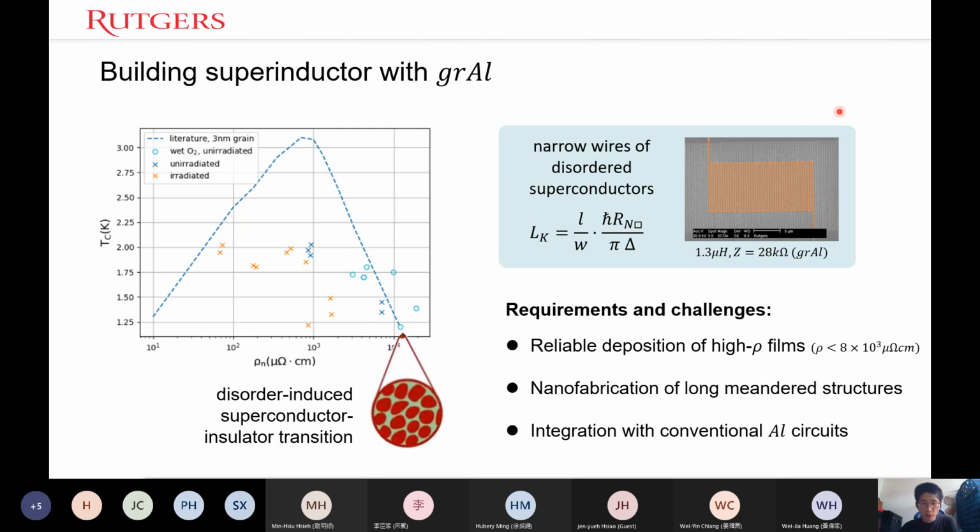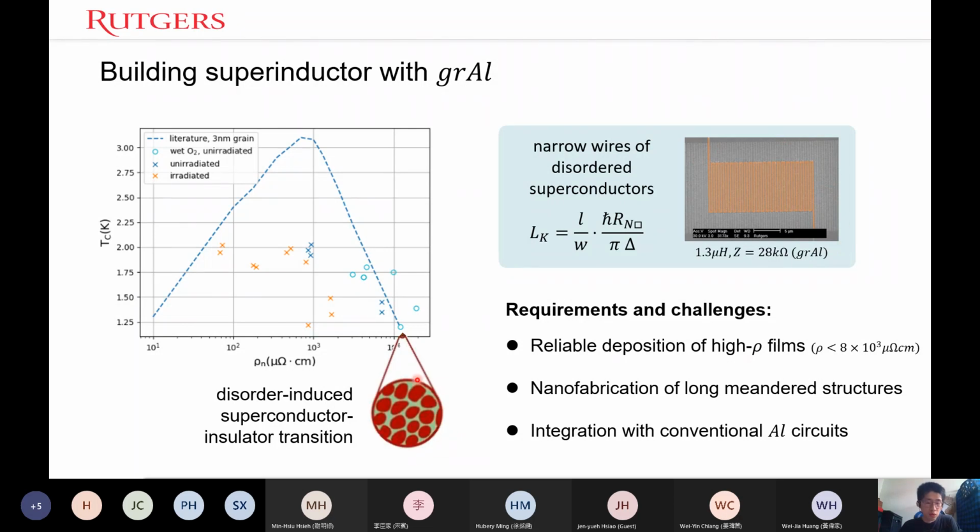This panel shows a quick image of our device. The orange part is the meandered nanowire, going like a snake or serpentine, and the entire material is a continuous film.